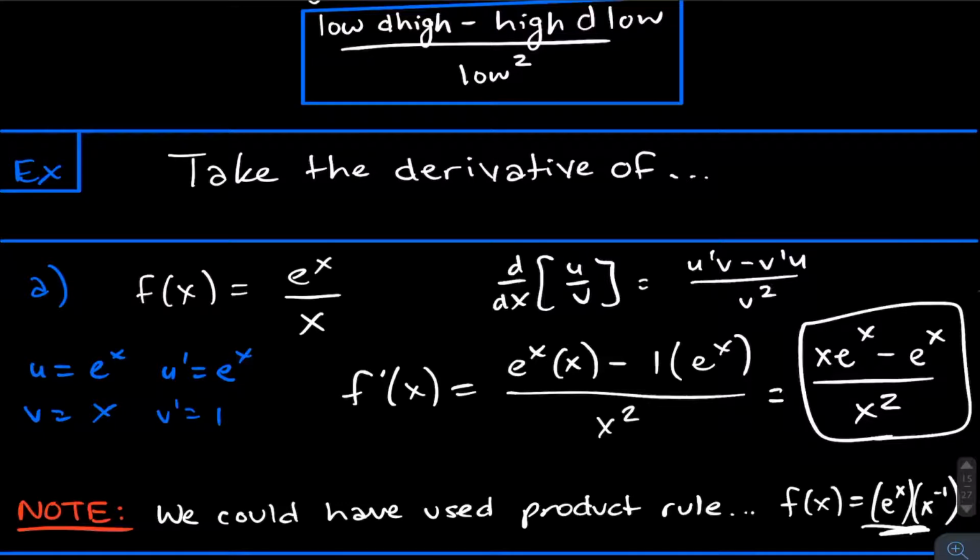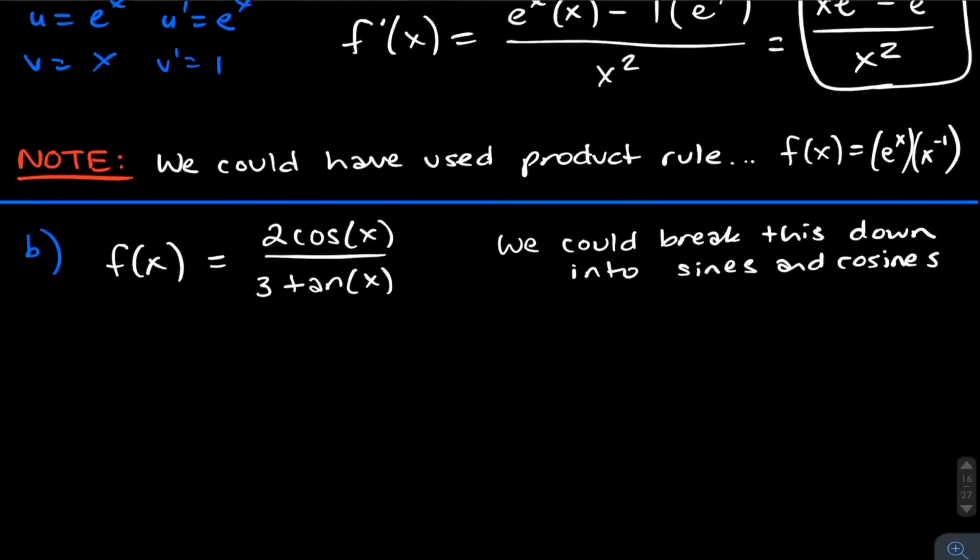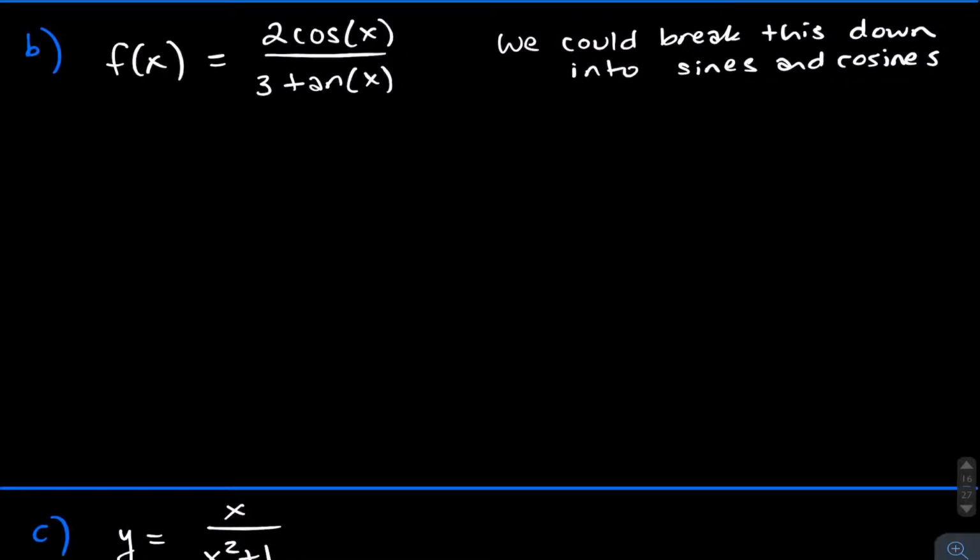This is the same thing as x to the negative 1 times e to the x, because you can put that x up to the top by writing x to the negative 1. That's how I used to do it because I didn't like quotient rule. Sometimes I just do quotient rule now. I don't really care too much anymore, but enough about the story of my life.